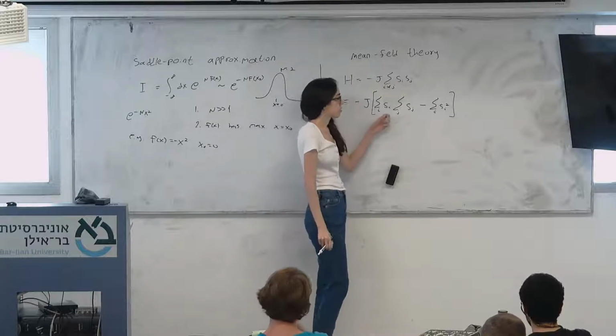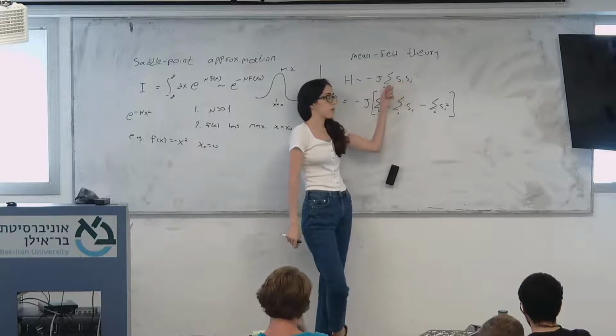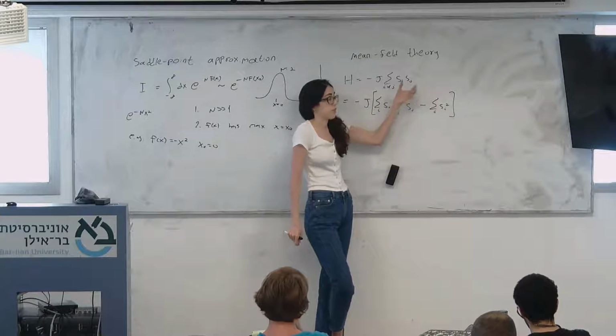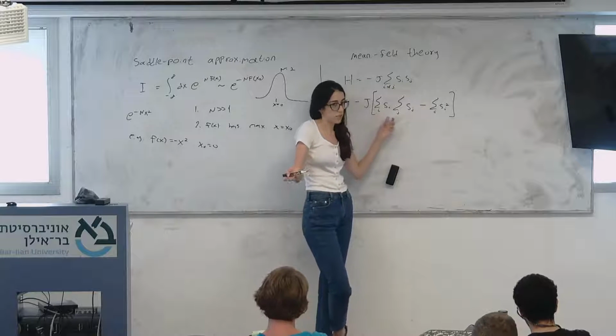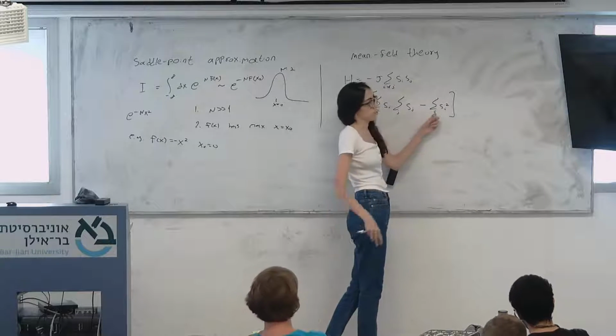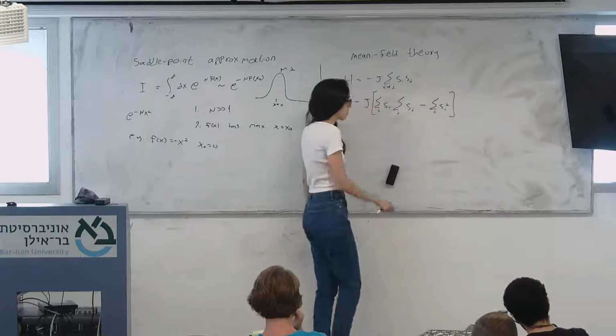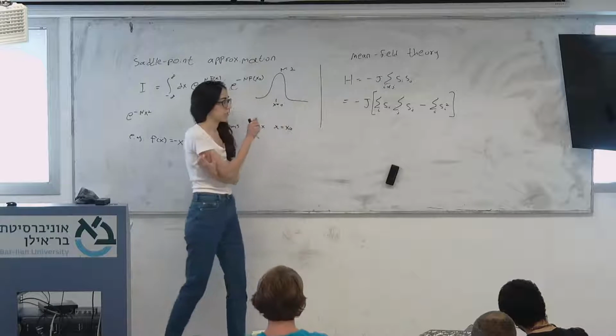This is basically saying that this is a sum over all i that are different than j. So I can write it as all i and j, and then take out the cases of i equal to j, which is just Si squared. This is completely equivalent.